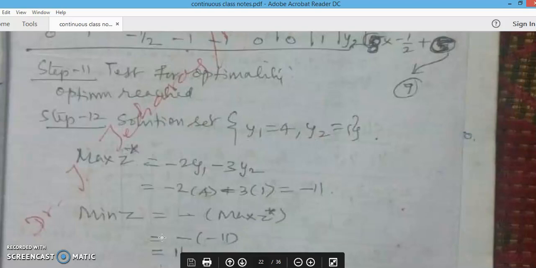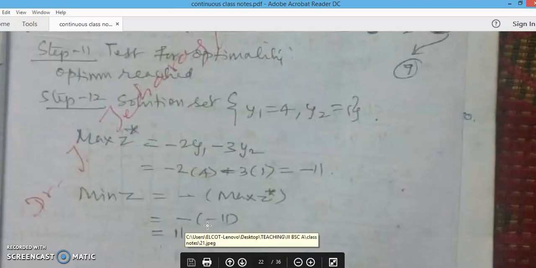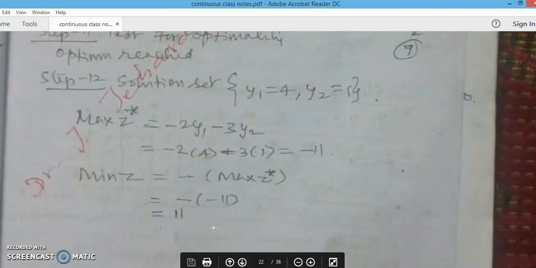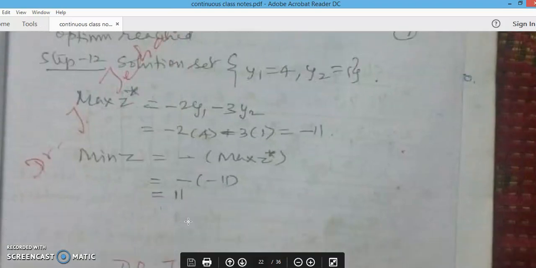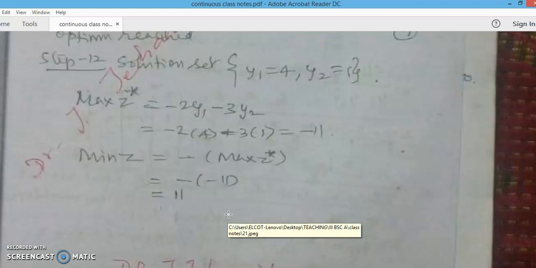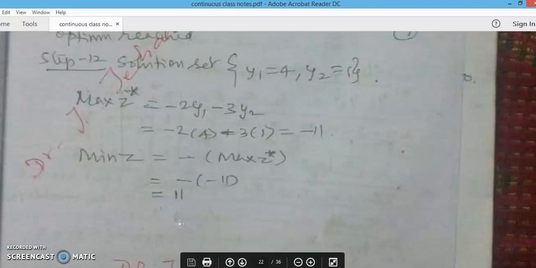Therefore, we get minus of minus 11 is equal to 11. This is the final answer for our problem. So this is the way we have to do the problems by the Big M method.